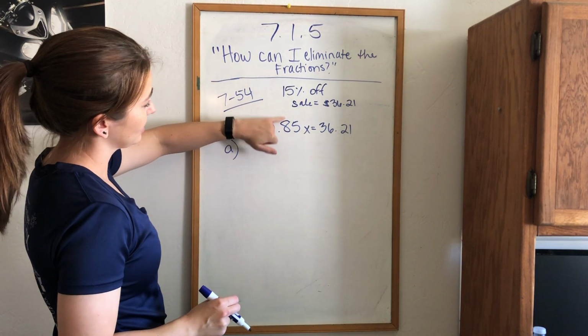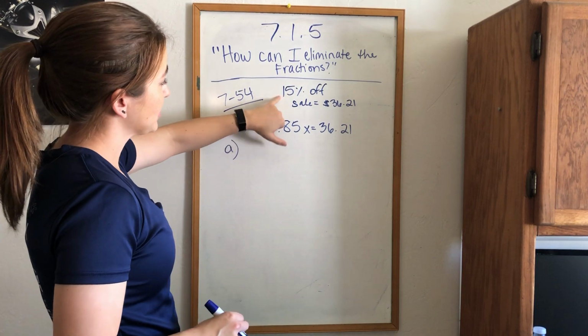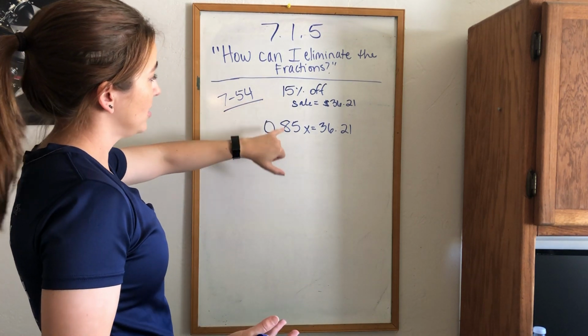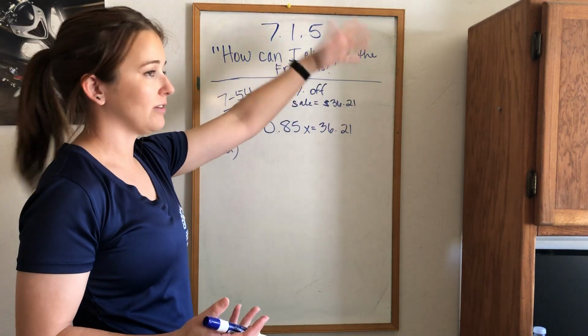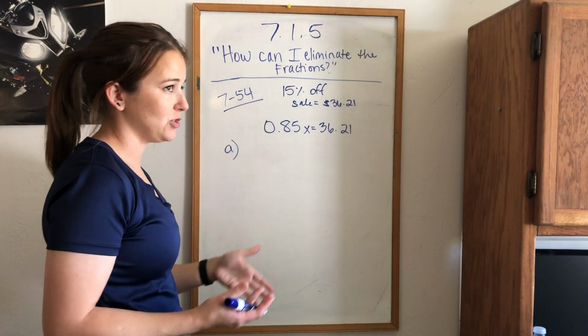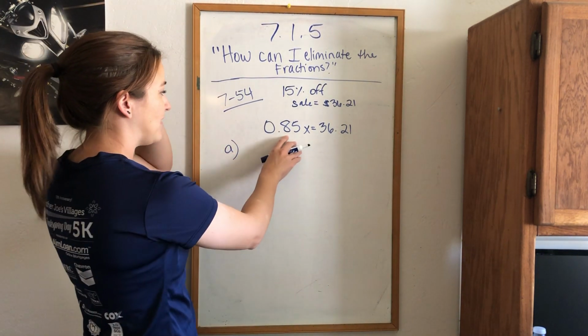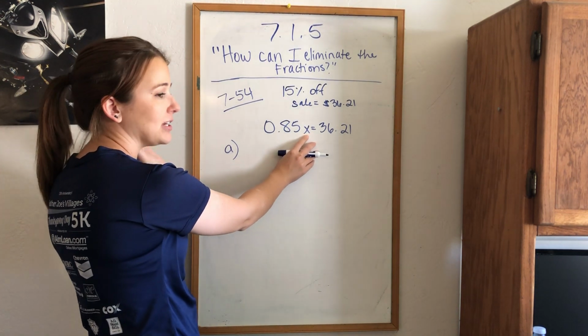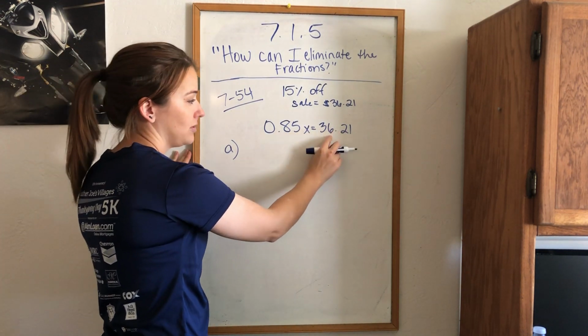Well, I'm noticing that 85 plus 15 is 100%. So if it's 15% off whatever the total was, that means that 85% is what she's paying for. So 85% of the total price equals the sale price.